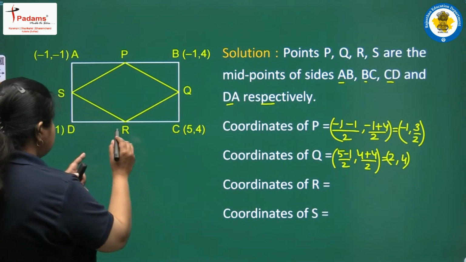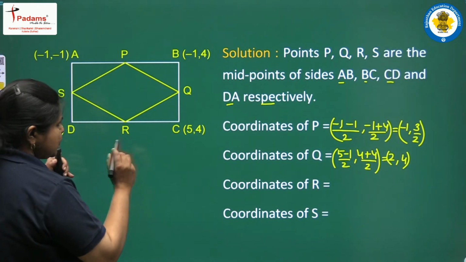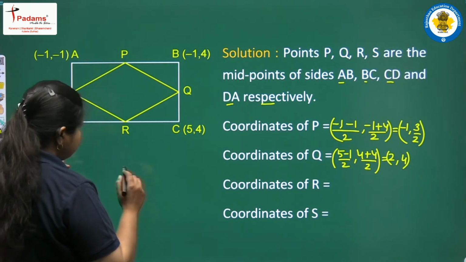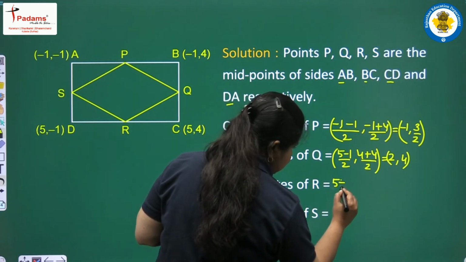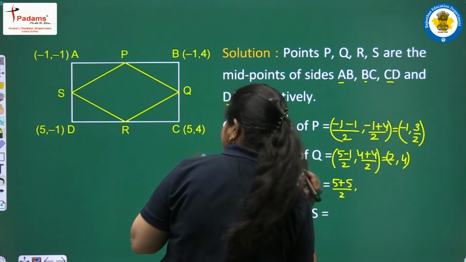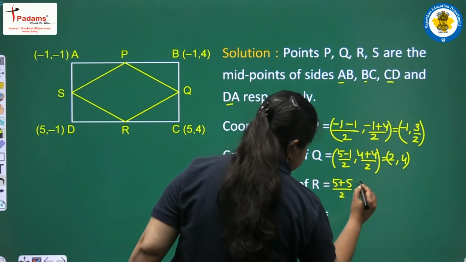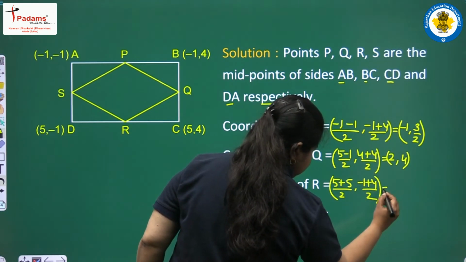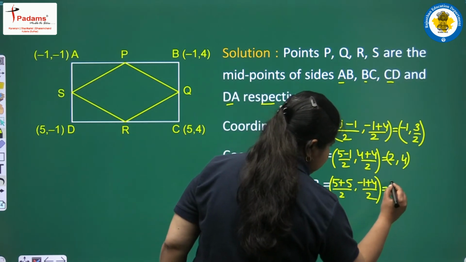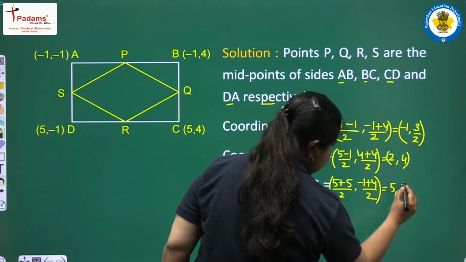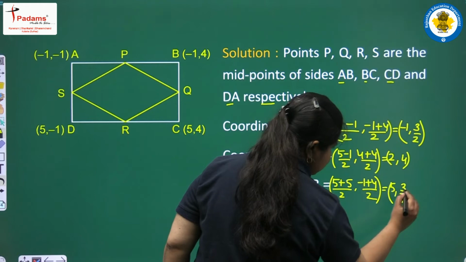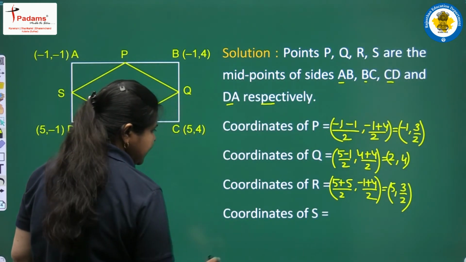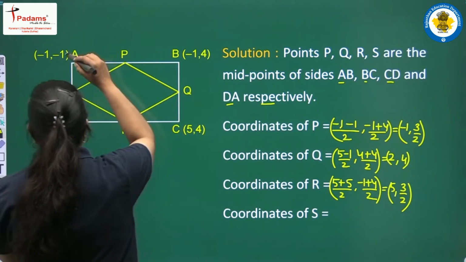Coordinates of R, R is the midpoint of DC, so add up the x coordinates from both sides, 5 plus 5 upon 2 and then we have -1 plus 4 upon 2. This further will be equal to 5 plus 5, 10/2 will be 5, and 4 - 1 is 3/2. So 5 and 3/2.